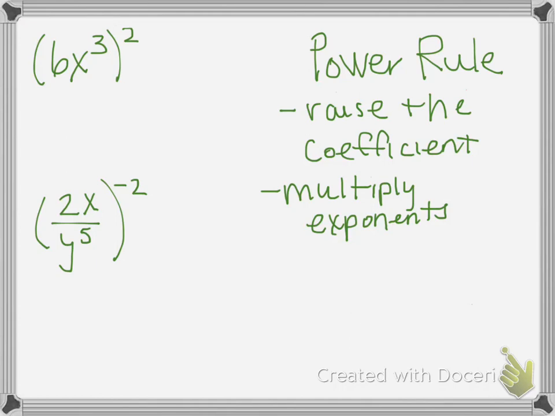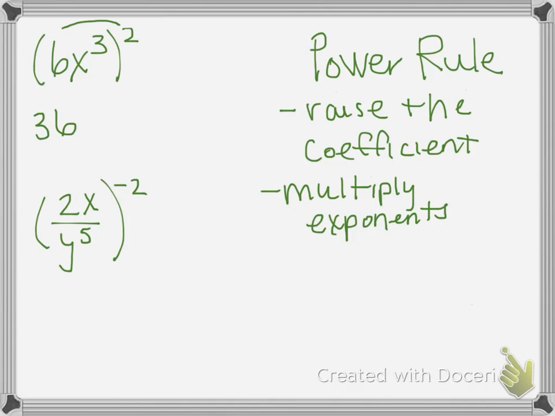For our first example, 6x to the 3rd, all raised to the second power, we will begin first with the coefficient. The 6 is squared because of the exponent. This gives us 36. Next, we work with the variable.